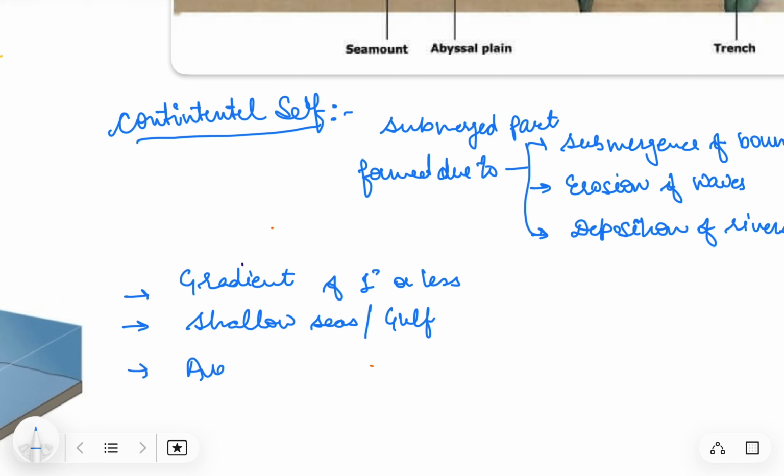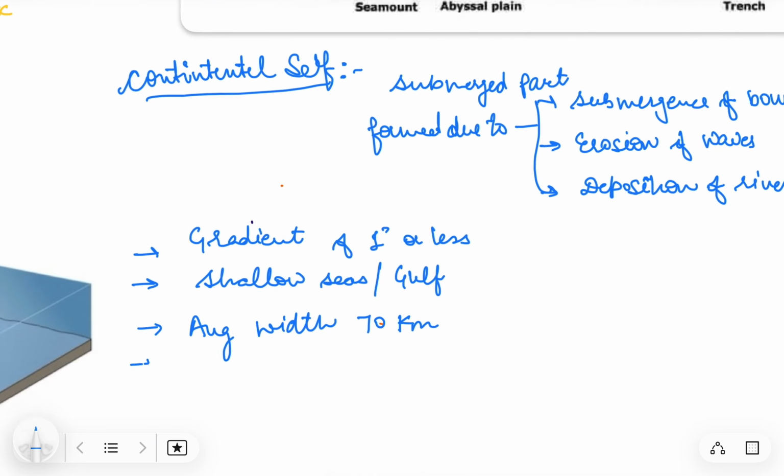And the average width is approximately 70 kilometers, and it ends at the steep slope, so at the shelf break.